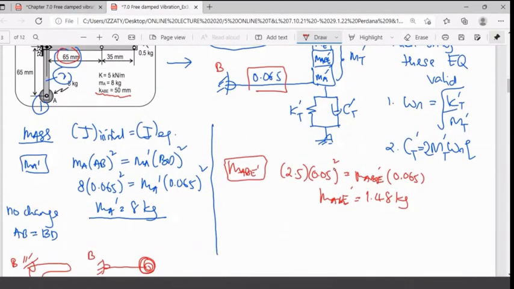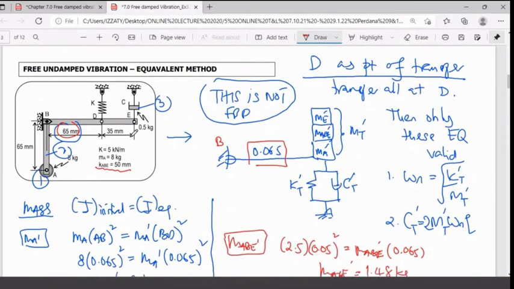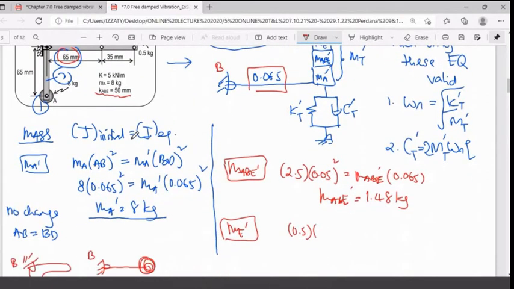Okay, now what else? The small m, ME prime, given here as 0.5. So put it there, 0.5. So the distance is 0.1. This one power of 2, power 0.1, equal to ME. You bring to 0.065 power of 2.